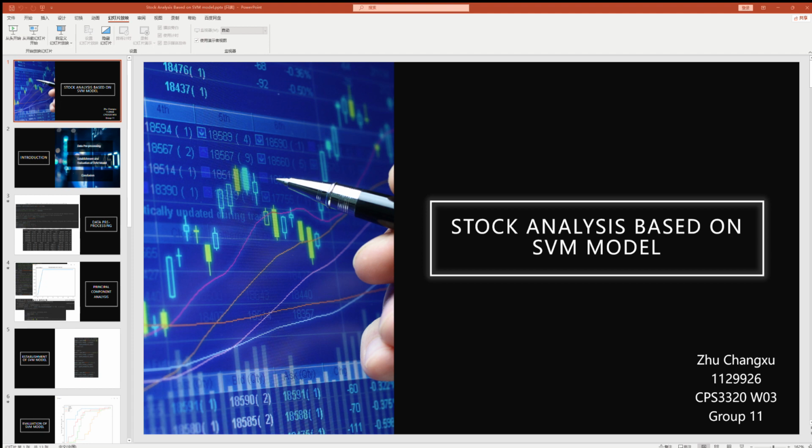I import the SVM model from the sklearn library in Python as a third-party library and construct SVM models using the linear kernel function, polynomial function, sigmoid function, and RBF function, respectively. The purpose is to analyze the impact of different kernel functions on the stock prediction of the SVM model.